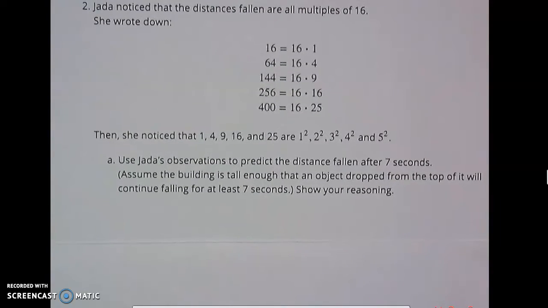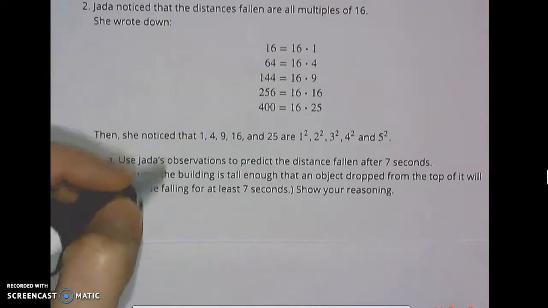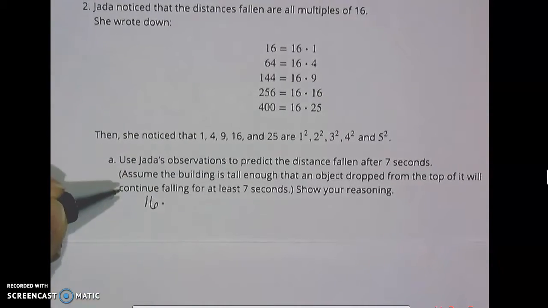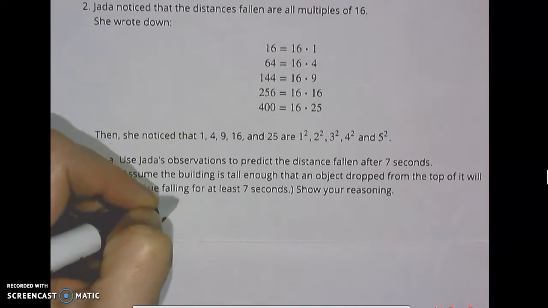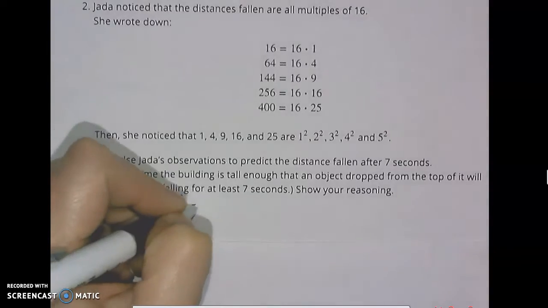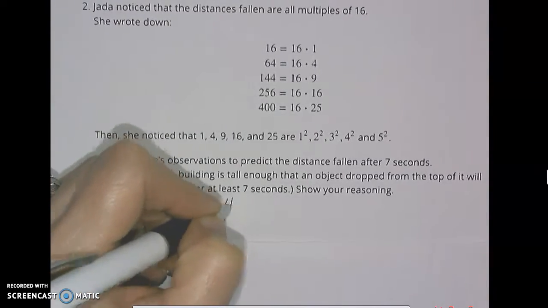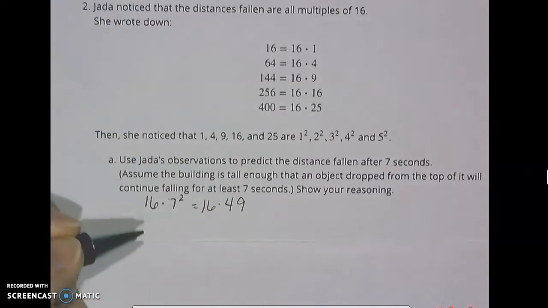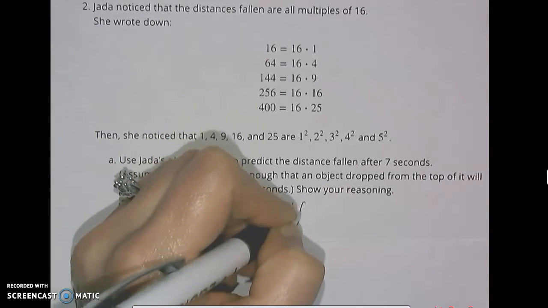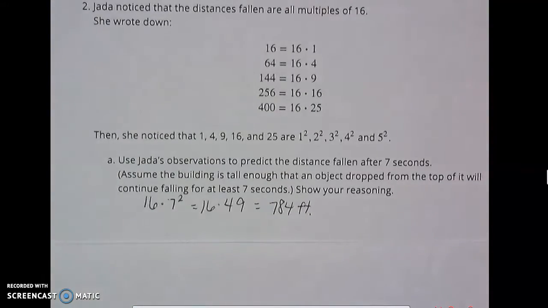So if we're using her reasoning, we would have 16 times the number of seconds squared. That means we would have 16 times 7 squared, which is 49, which means we would get 784 feet.